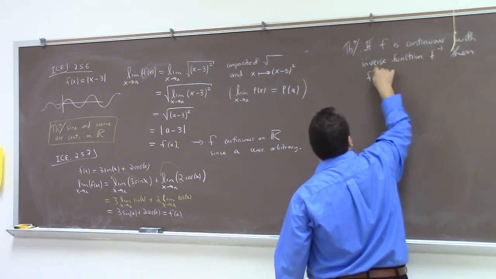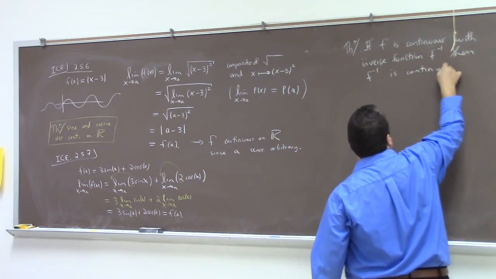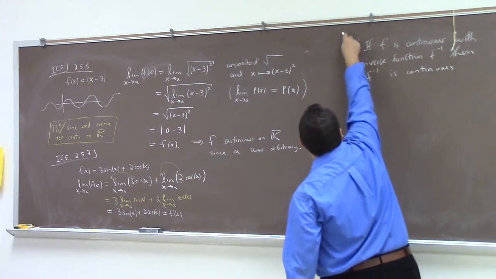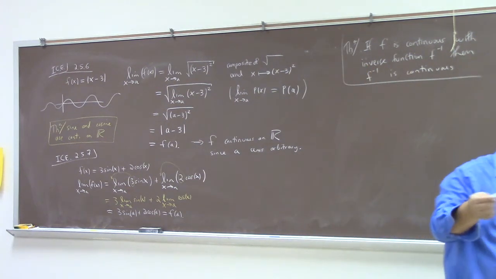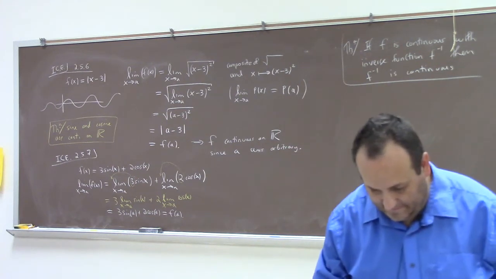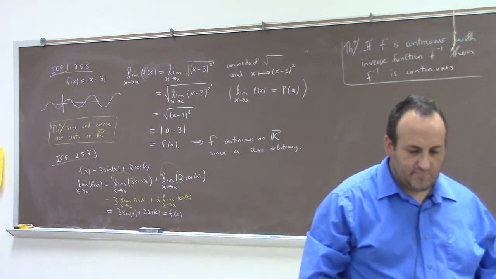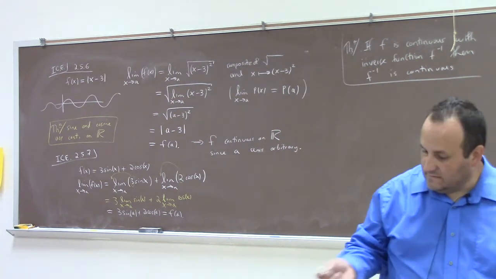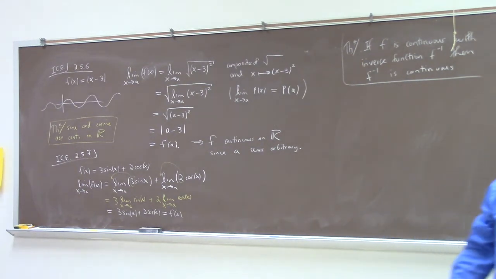F inverse is continuous. Now I think as I have this theorem stated in the notes, I have probably cluttered it with some kind of technical details. But this is it, all right? To actually prove this, it's pretty involved, but I think we can argue for the plausibility, right?